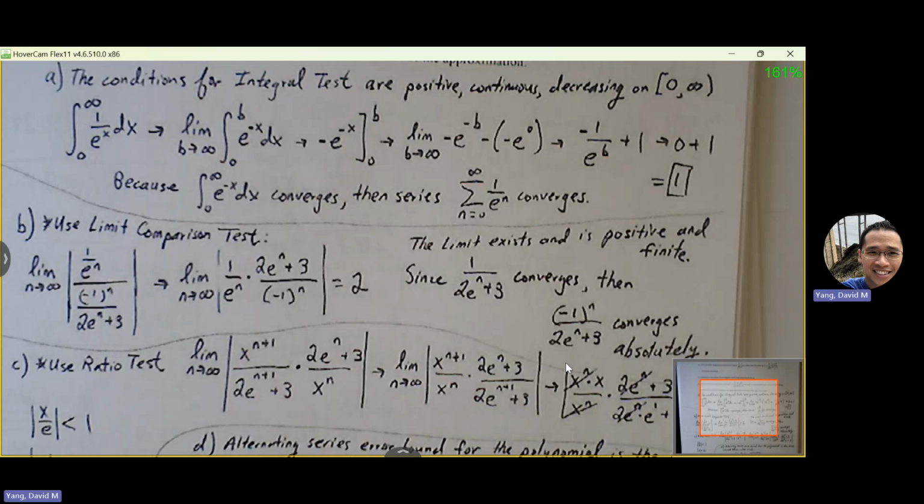I don't know if they'll take off points, but I think that's the thing to do. We have to put the bottom statement because the integral is technically the reason that we know that the series will converge, because if the integral converges, then the series will also converge.